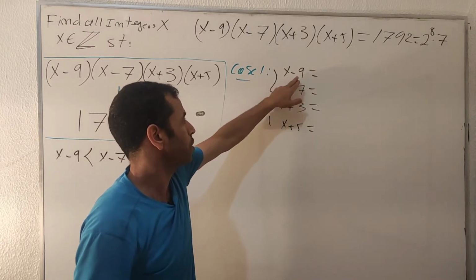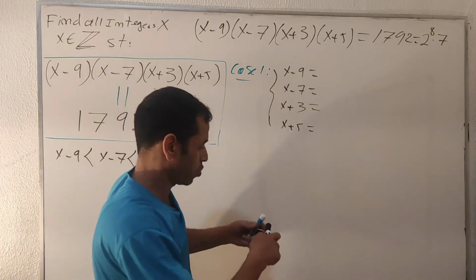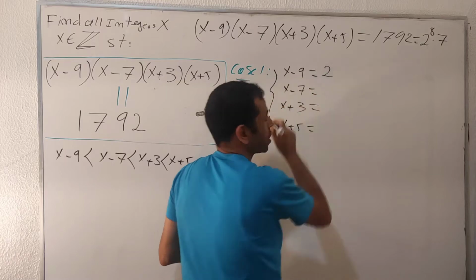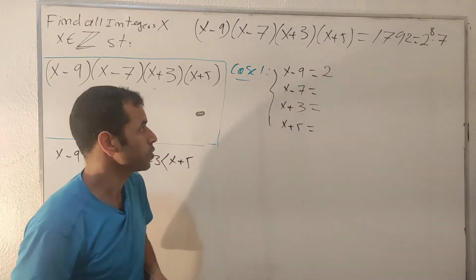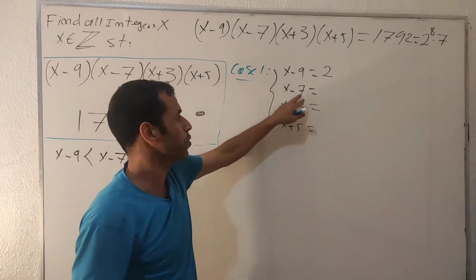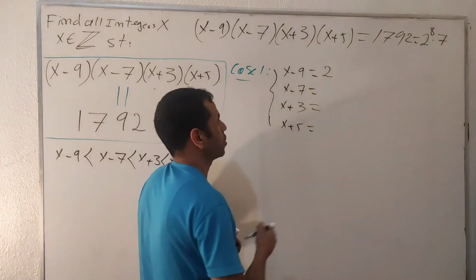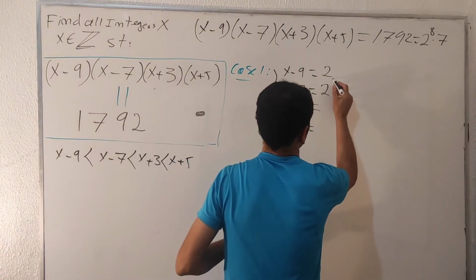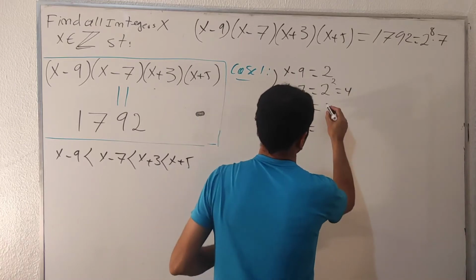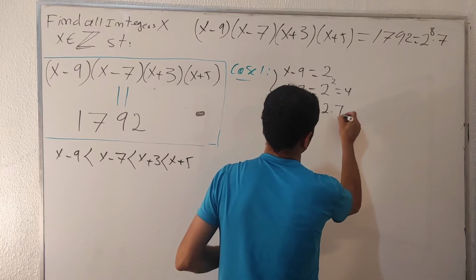Since this one must be smaller than this one, the smallest number this one can take is number 2, as an even number. The following number is 2 squared, which is number 4. The third one will be 14, 2 multiplied by 7.